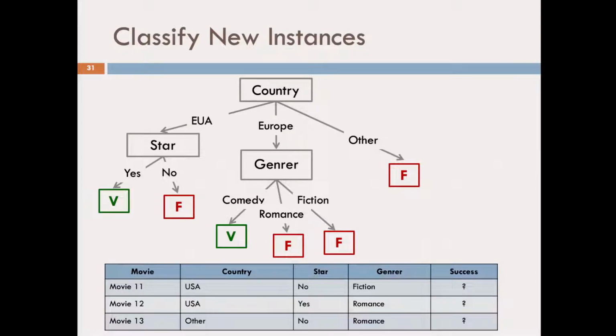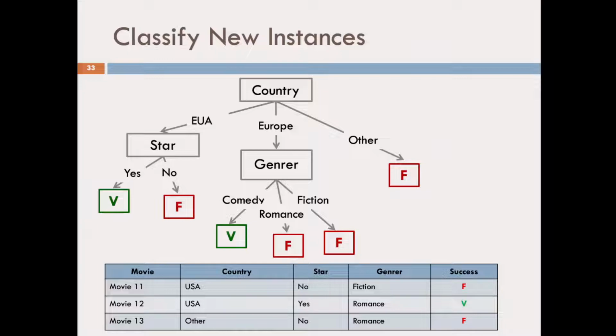If the country is USA and star is no, then the movie will not make success. If the country is USA and star is yes, then the movie will make success. And if the country is other, then the movie will not make success.